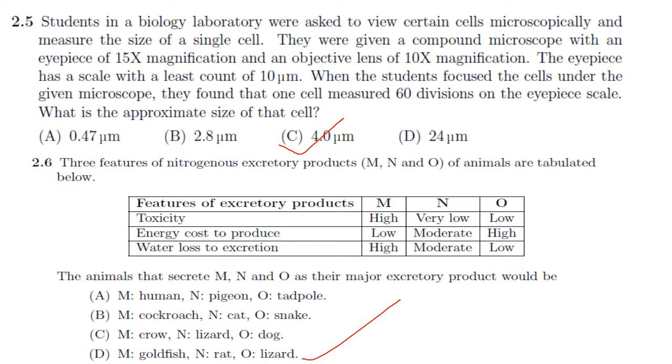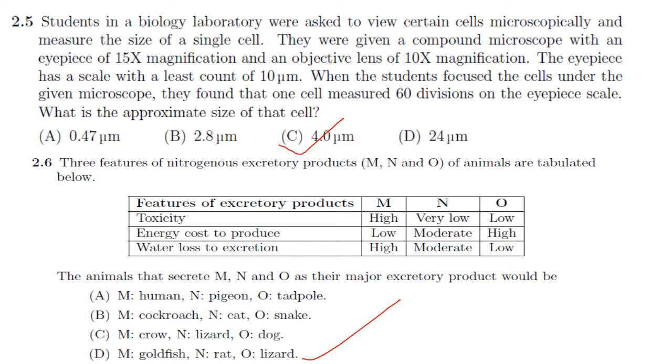They have given that the eyepiece least count is 10 micrometer, that is, one ocular division is 10 micrometer. Under the microscope, the cell measures 60 divisions on the eyepiece scale.